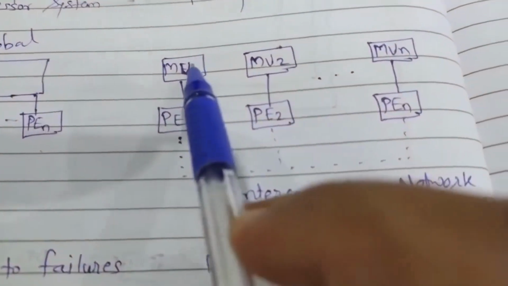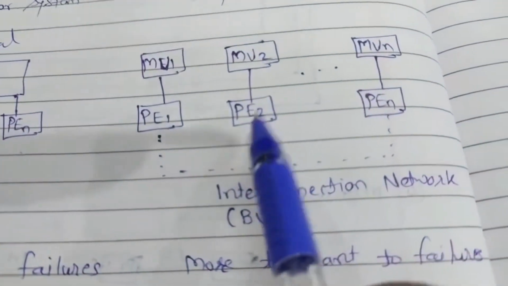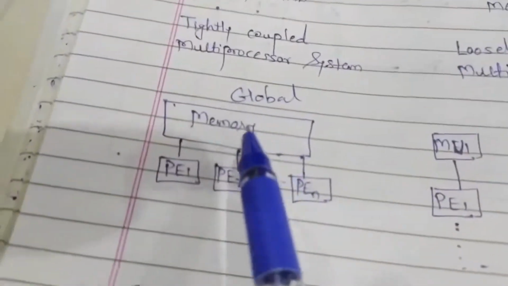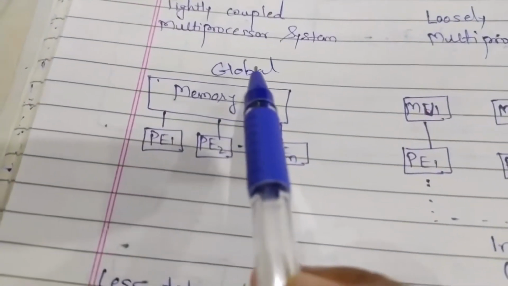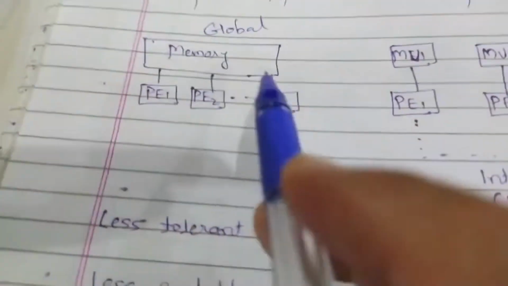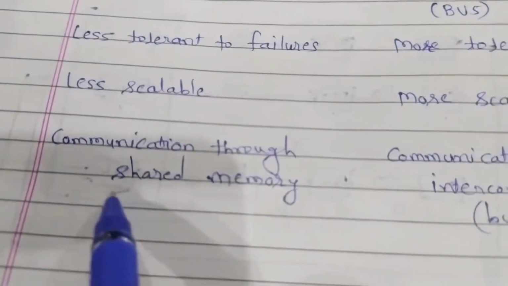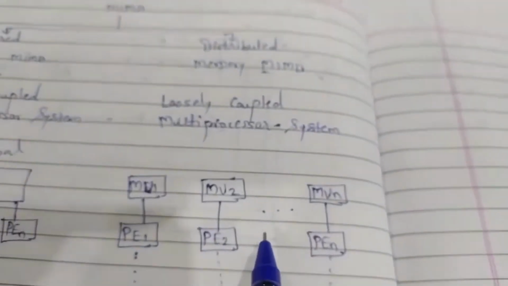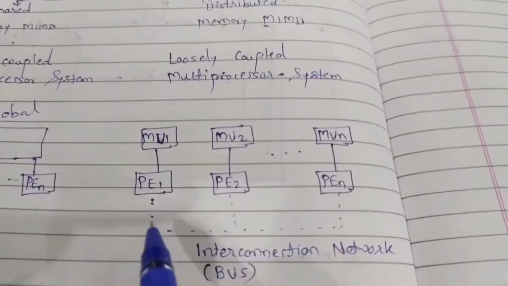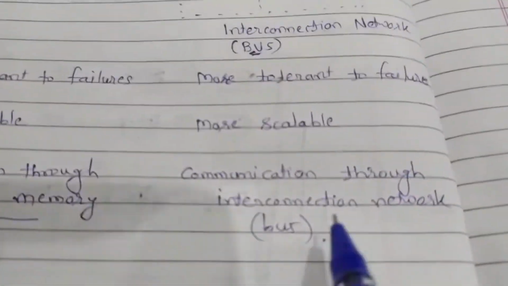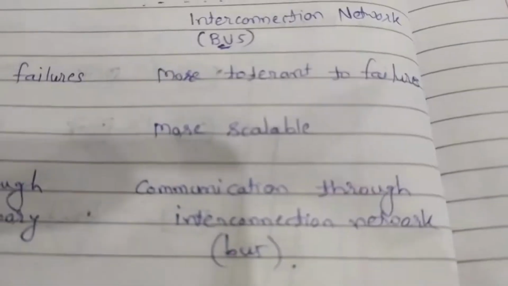This memory is particular to this one, and that memory is particular to that one. As all the processing elements share the common memory, communication between them is through the shared or global memory, while there is no common memory for processing elements in distributed memory MIMD. So communication between these is through an interconnection network or bus.